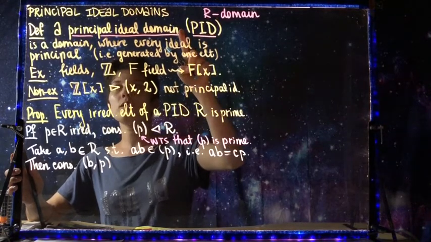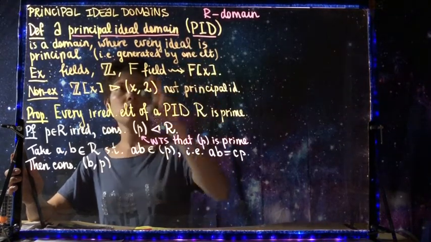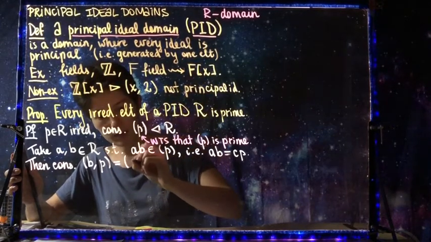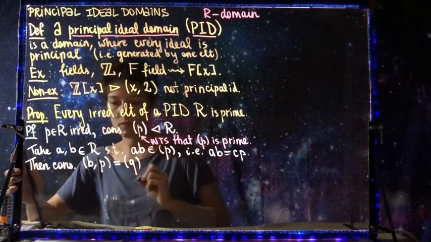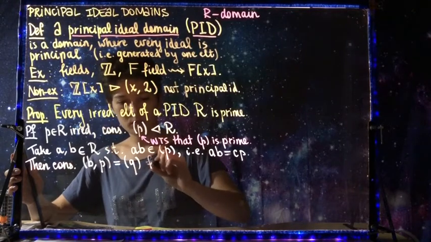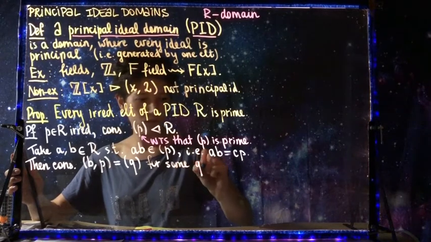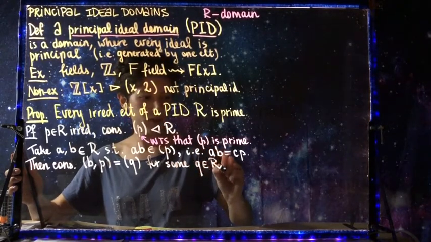So by definition, this ideal is also generated by one element. Let's say that this element is Q, for some Q in R.